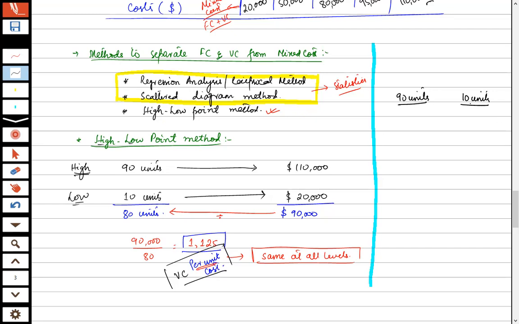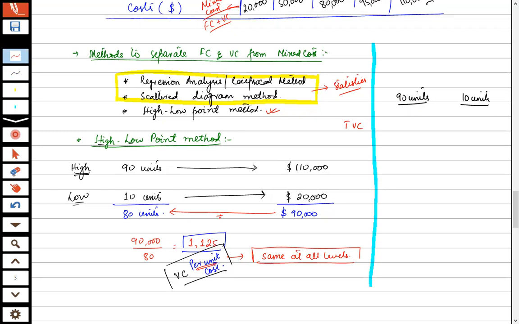Now you can see the magic. If I multiply this per unit variable cost by the number of units, it will give me total variable cost, isn't it? This involves some mathematics also. I don't know how good you are at mathematics, but these are simple logics.